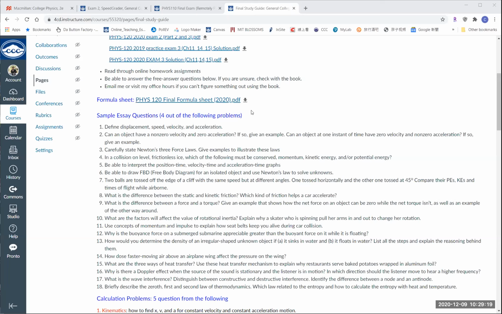Okay, I'll find them. Then, can an object have a non-zero velocity and a zero acceleration? If so, give an example. You can probably give a lot of different examples, but the one I would think about is non-zero velocity but zero acceleration, meaning it's moving but not accelerating, like at a constant velocity.